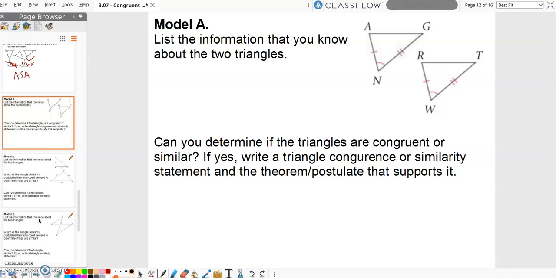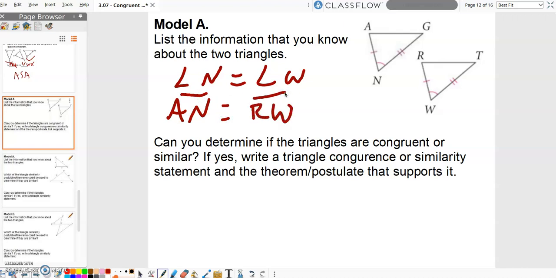List the information that you know about the two triangles. So we know angle N, or AN, angle N is equal to angle W. We know side AN is equal to side RW.